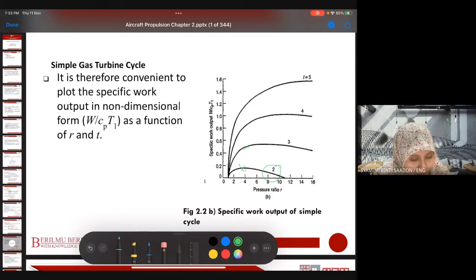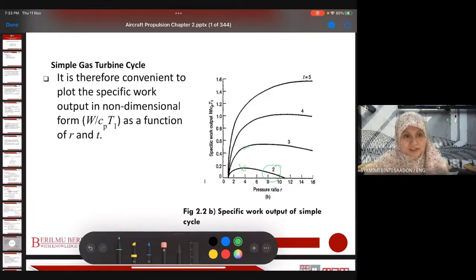However, for a higher value of the temperature ratio, for example t equals 4 or 5, there is no more peak or maximum value of the work output. The work can be increased according to the pressure ratio.